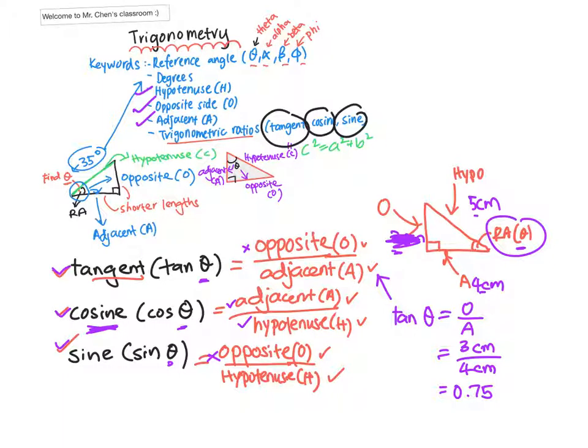We also talked about the trigonometric ratio, which are tangent, cosine and sine, which include the short acronym for them. And we also went through why these three trigonometric ratio are here, what's the purpose.